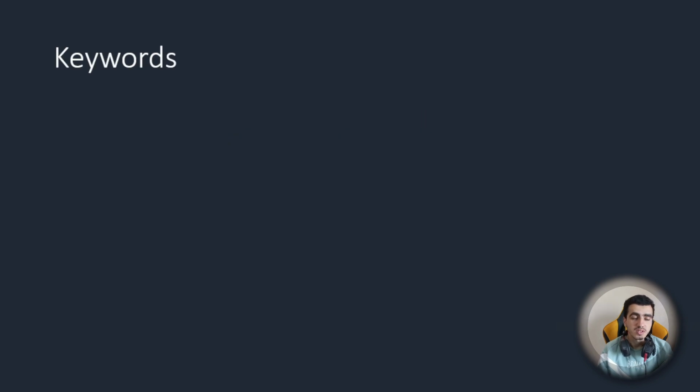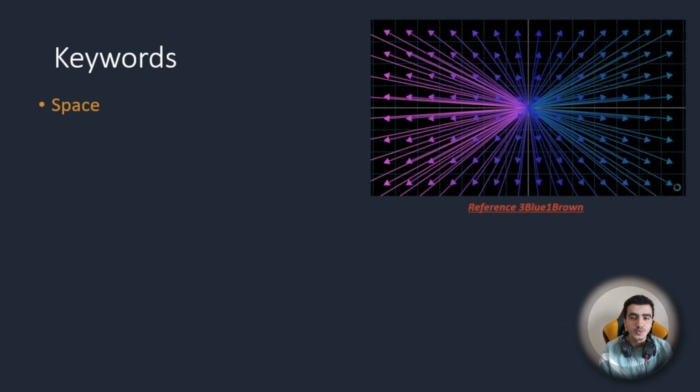Some keywords first need to be established in our minds to understand how the linear algebra cosmos is basically working with each other. The first thing is the space. The space is the place where the vector lives.